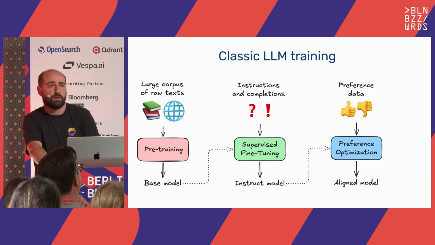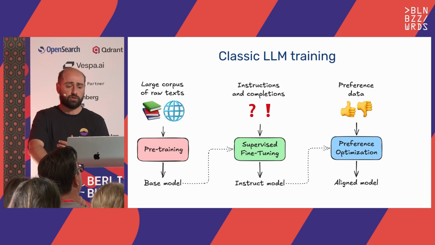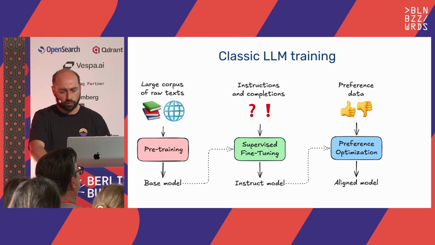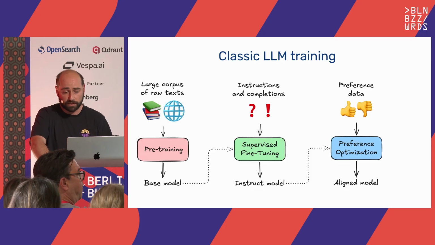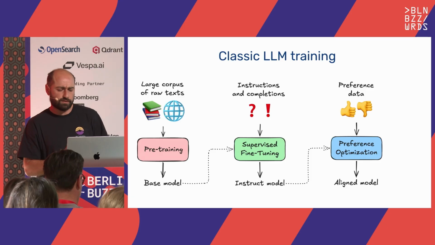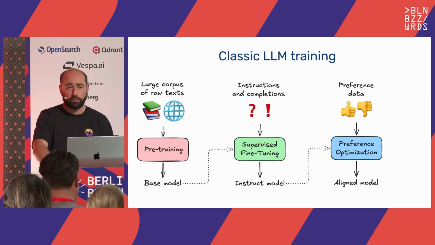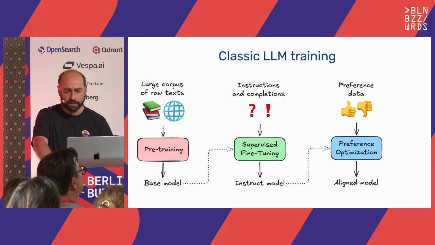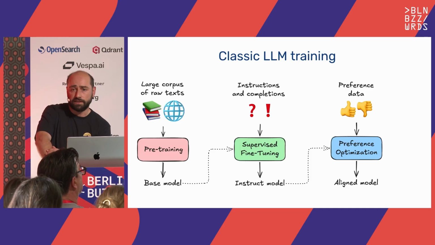So we perform supervised fine-tuning on conversational examples. And during this phase, the model learns to follow instructions and also learns new tasks. And then there's the third step of preference optimization, where using several techniques, the model is aligned with human preferences.